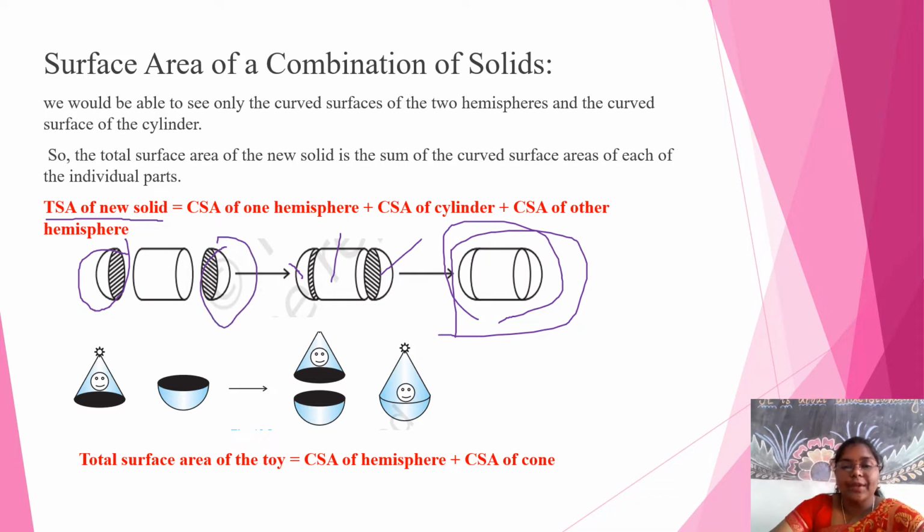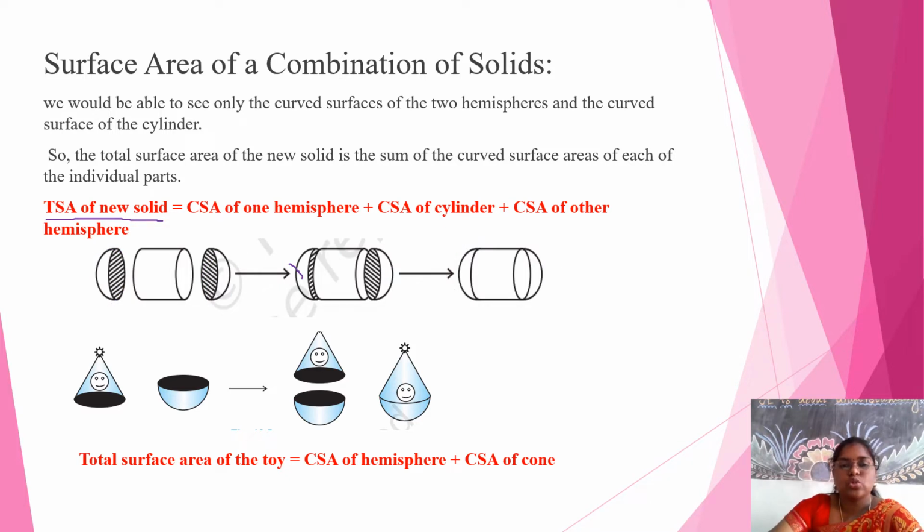So we are going to find the curved surface area of one hemisphere plus the curved surface area of the cylinder plus the curved surface area of the other hemisphere. If you add these three, you will get the whole figure. So this way we are going to find the surface area of the combination of solids.